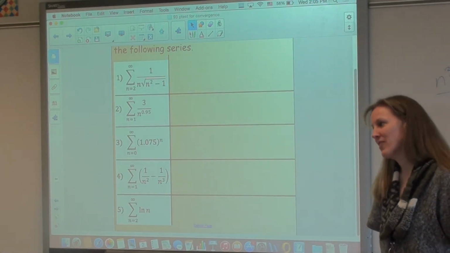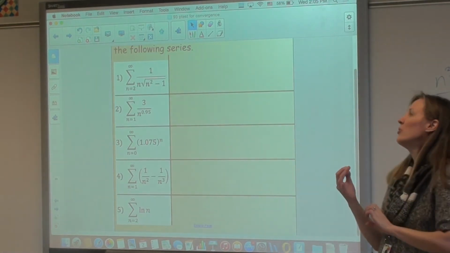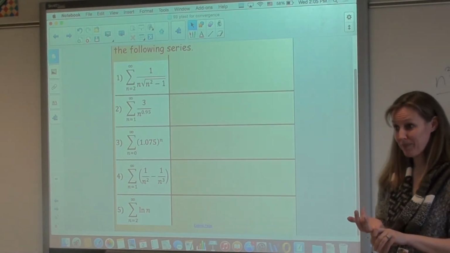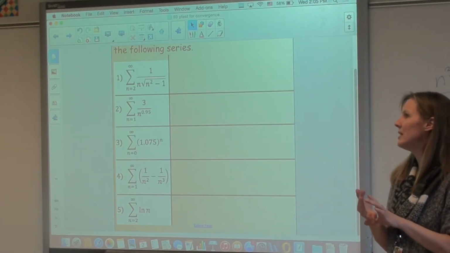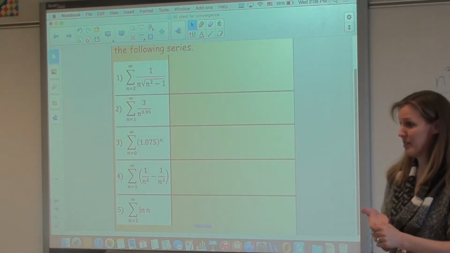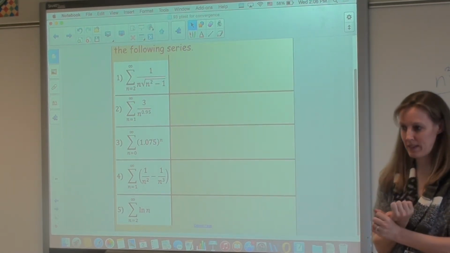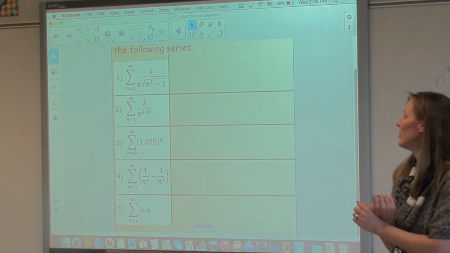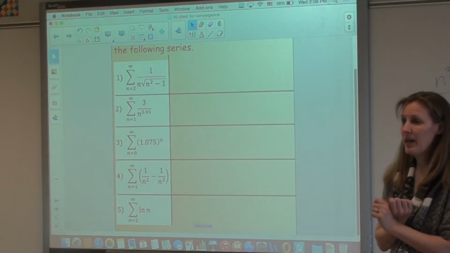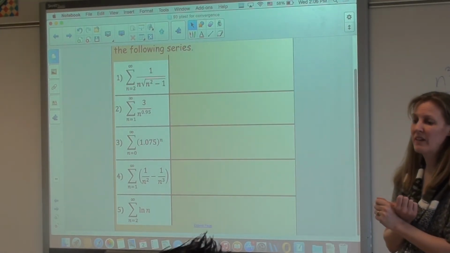Remember those 5 tests we've learned: the nth term test, the geometric series, telescoping series, the integral test, and the p-test. So take a minute or 5 or 10 and see if you can get all 5 of these. All you're doing is determining convergence.